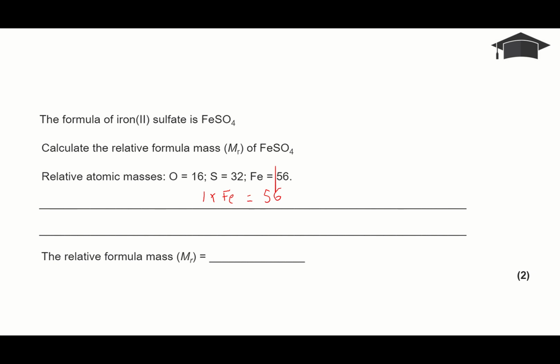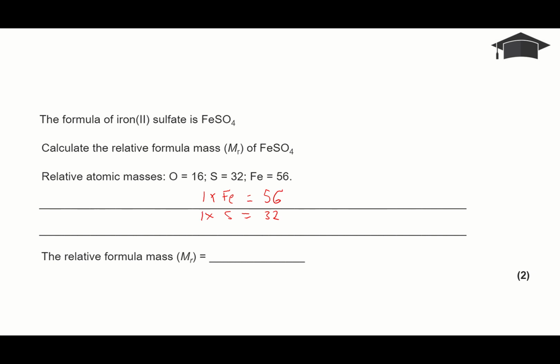I'm getting this data from what's already been given. That's 56. And then we're looking at sulfur. So sulfur, 1 times S, which equals 32, and that's just from the data provided again. That's 1 times sulfur.